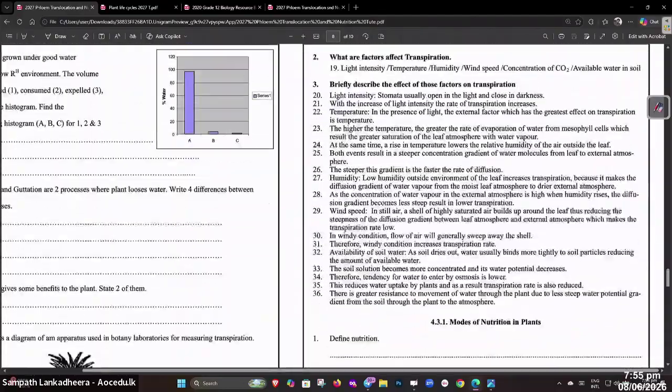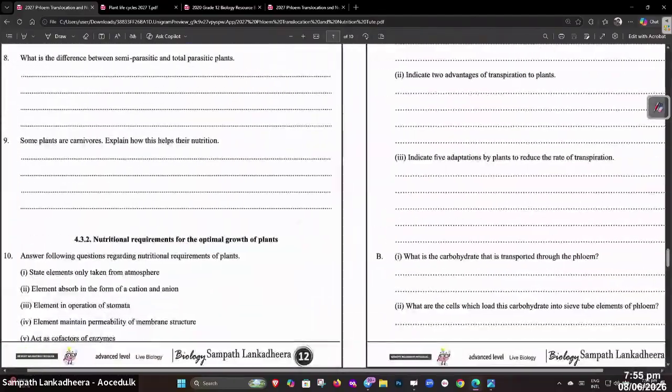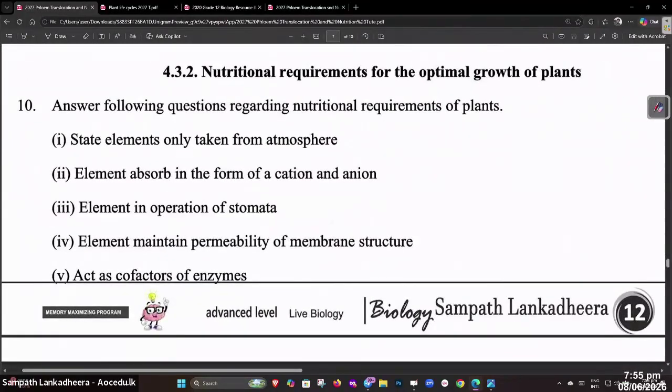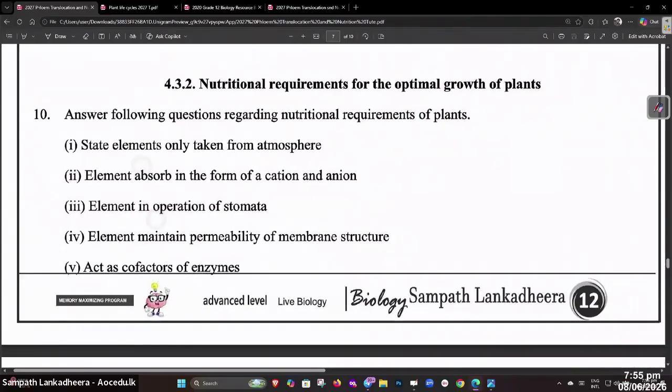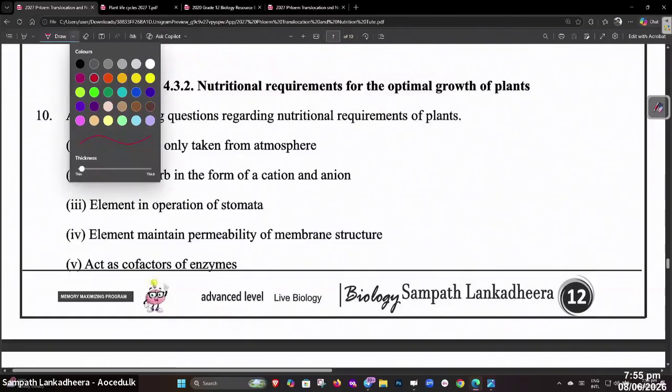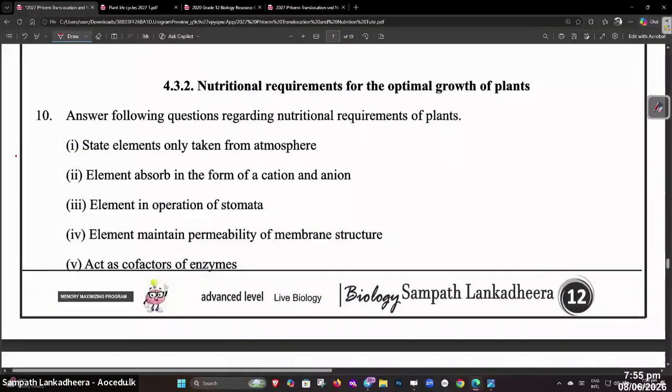These series of questions I have included, people, you must answer them, right? And then you'll get a better understanding. Can you answer these questions? I'll ask the question, you tell me the answer, all right? Name the element taken only from the atmosphere.